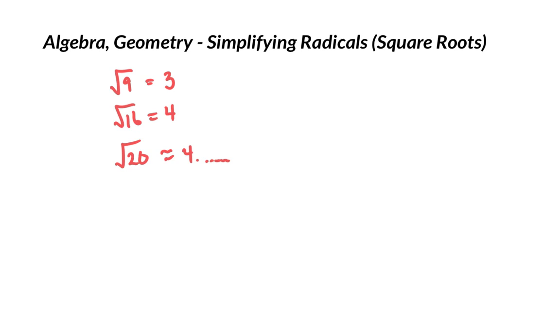But we would like to make a better estimate, or what we call an exact answer. The way we do that is by looking at our number and seeing which perfect squares it is divisible by. If I was asked to do this, I would make a quick list of the perfect squares, and this is easy enough to do.